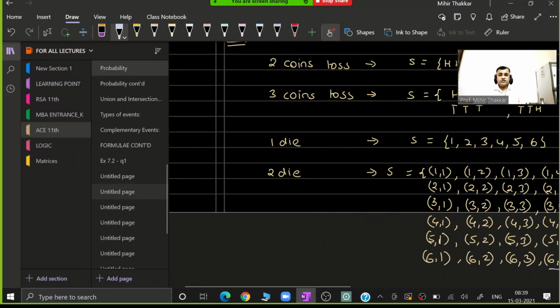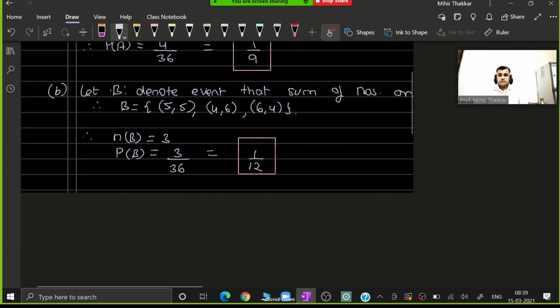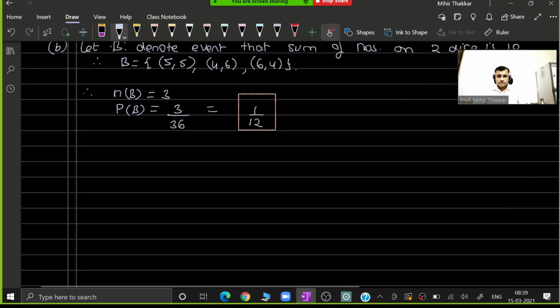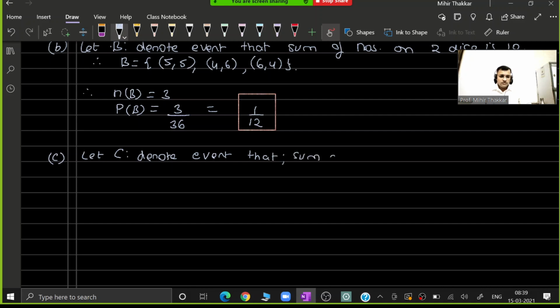So when we are writing our solution, we will say over here, let C denote the event that the sum of numbers on the upper face of two dice is at least 10.